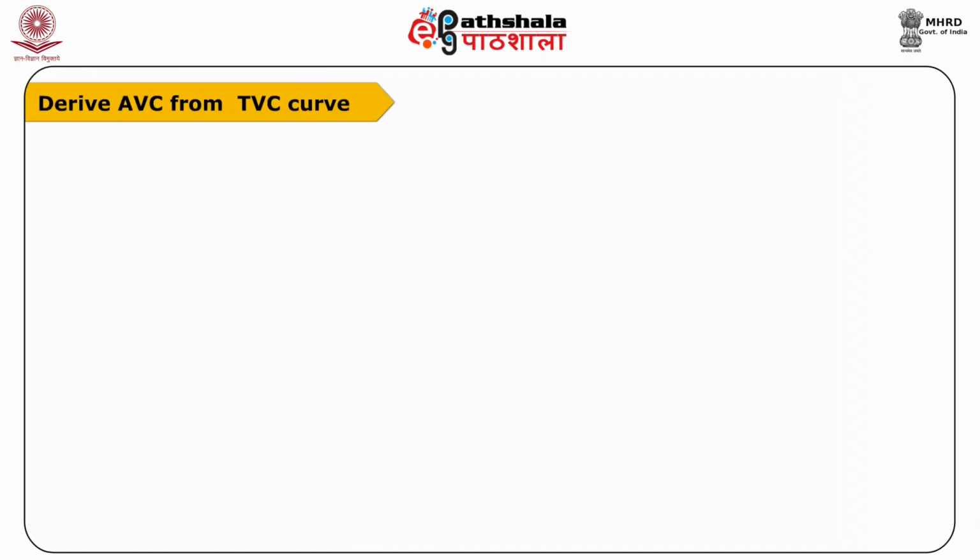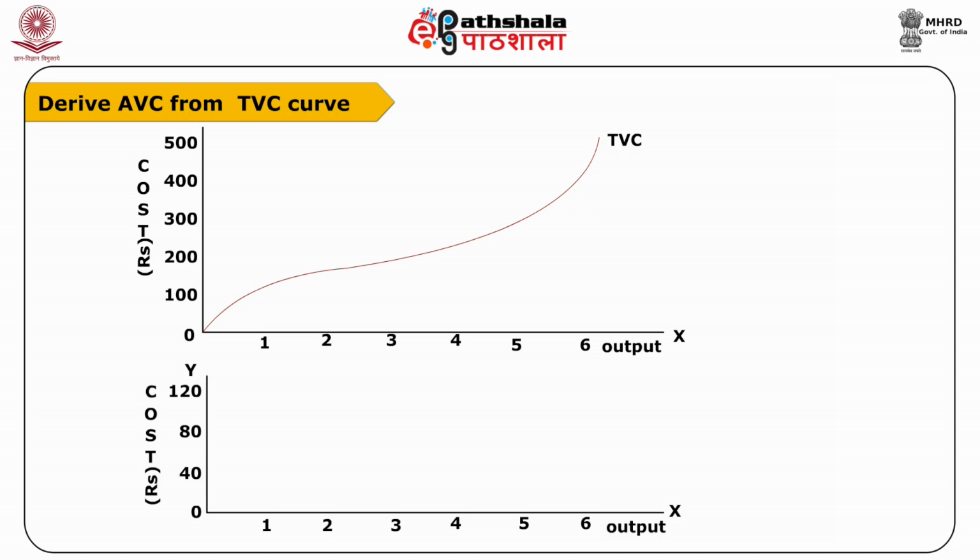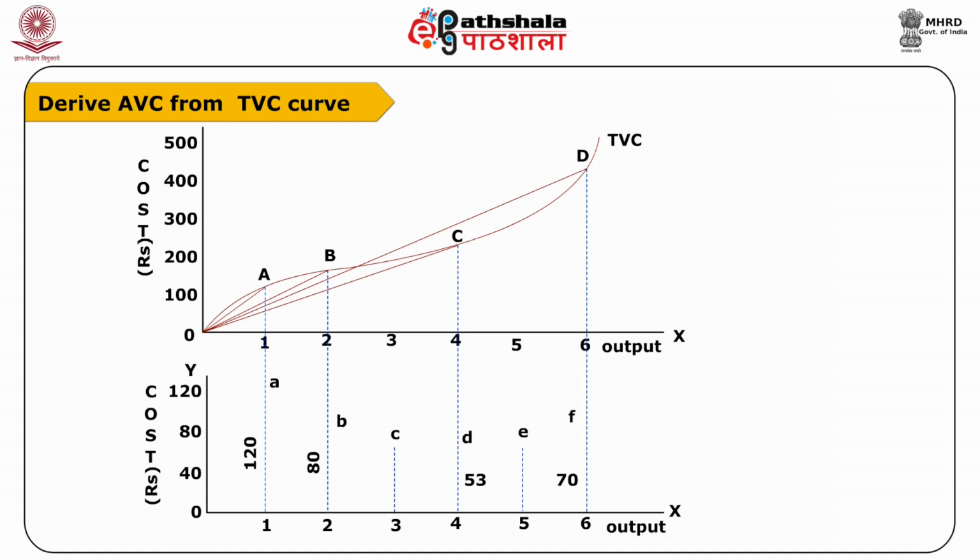Now let us derive AVC curve from TVC curve with the help of a diagram. The average variable cost is equal to the TVC divided by output. At the output level of 1 unit, AVC is equal to the slope of ray OA, which is equal to 120. We can mark this point on the diagram below and name it A. Similarly, we can plot other points B, C, and D, and by joining all these points, we can get the AVC curve.